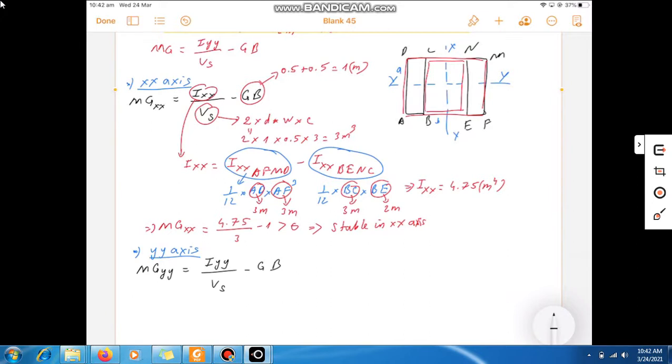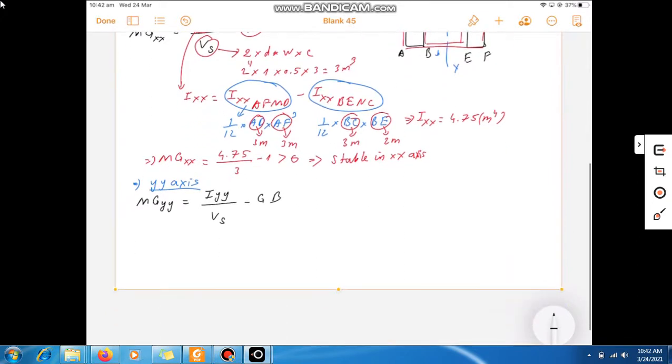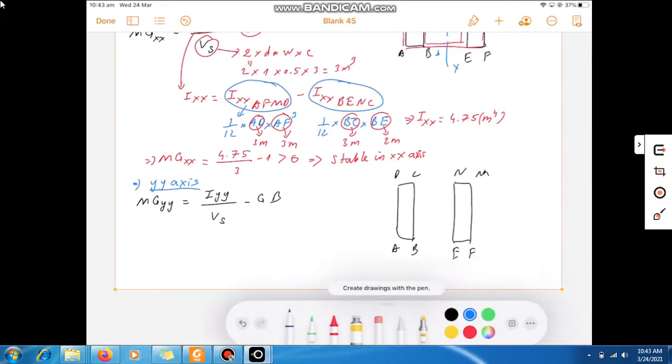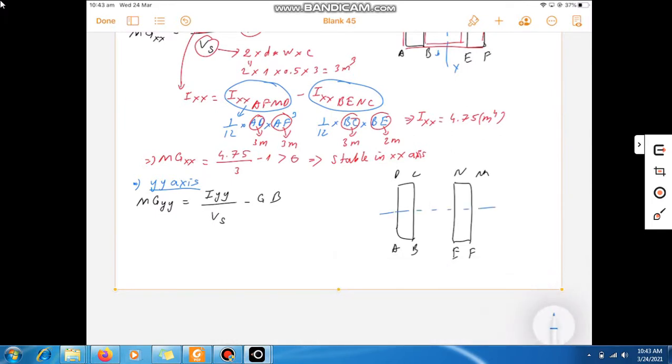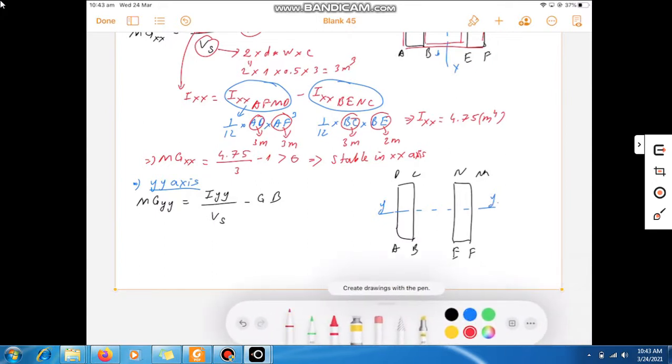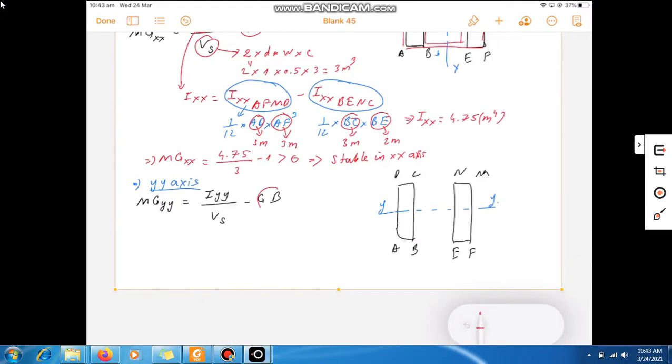Okay, and similar to XX, we find the YY axis and MZYY. MZYY equal to IYY over VS minus ZB. Okay, IYY. And now it's YY.